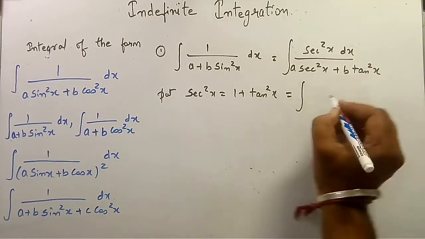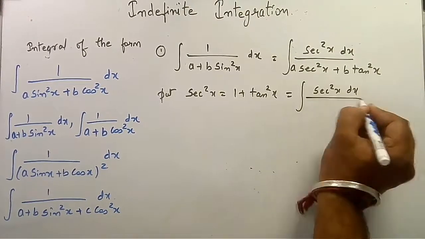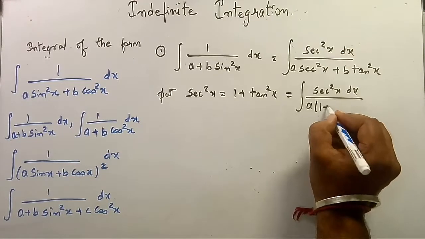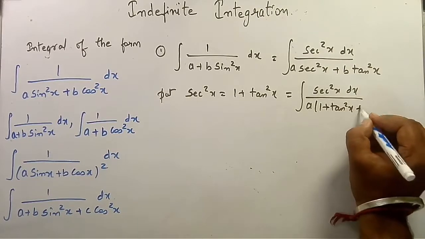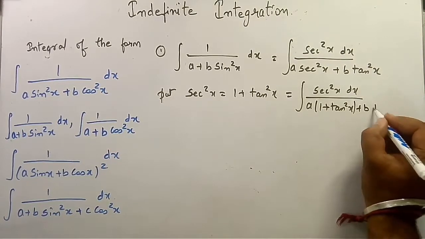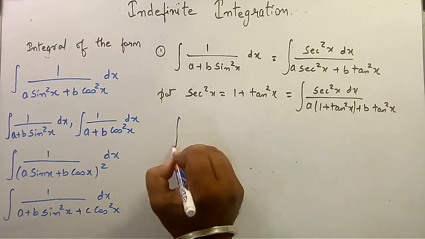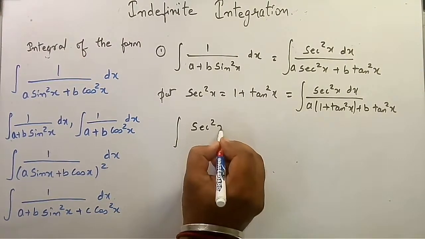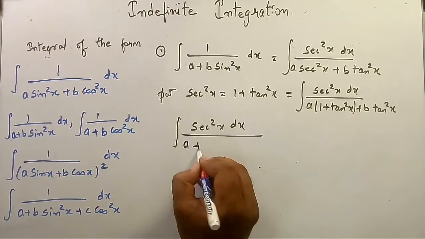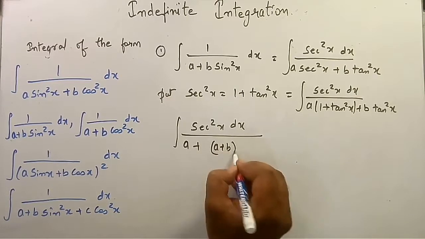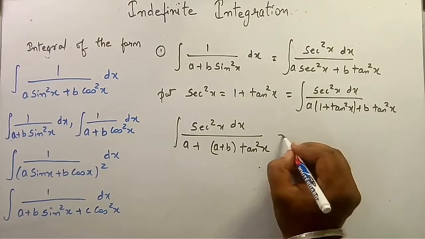So this integral will be reduced to sec square x dx upon a into 1 plus tan square x plus b tan square x. So this will become sec square x dx upon a plus b tan square x. Now take a plus b common outside.